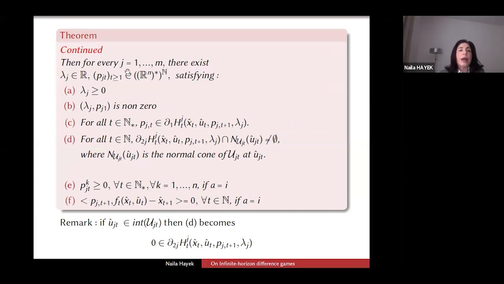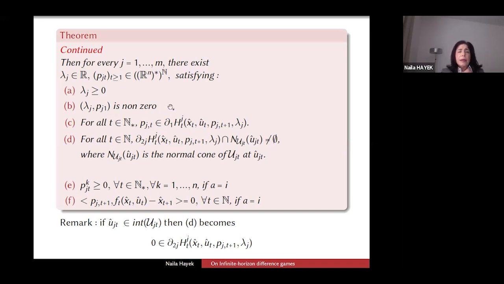Then for every j, there exists lambda j in R, a sequence pjt in Rn, an infinite sequence. For every j, every t, pjt is in Rn, satisfying that the lambda j are all greater or equal to 0. The couple lambda j, pj1, when t is equal to 1, is non-zero.